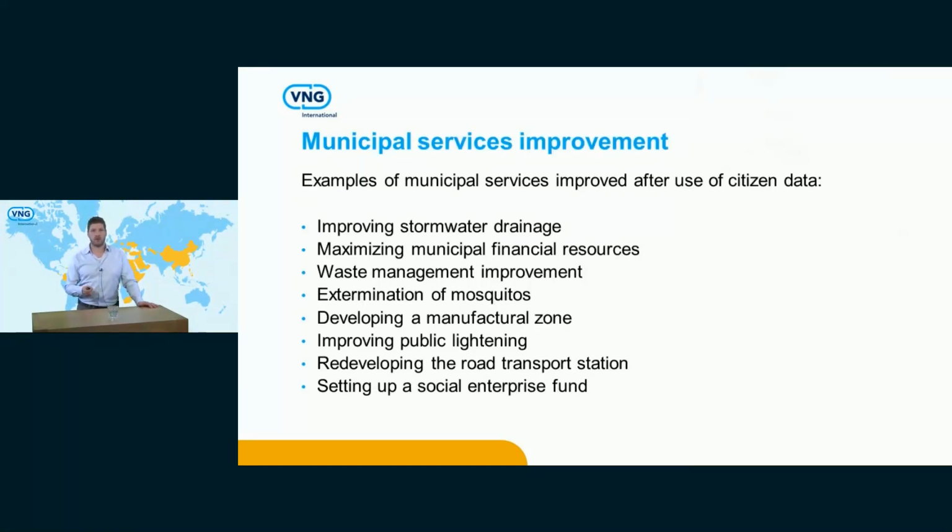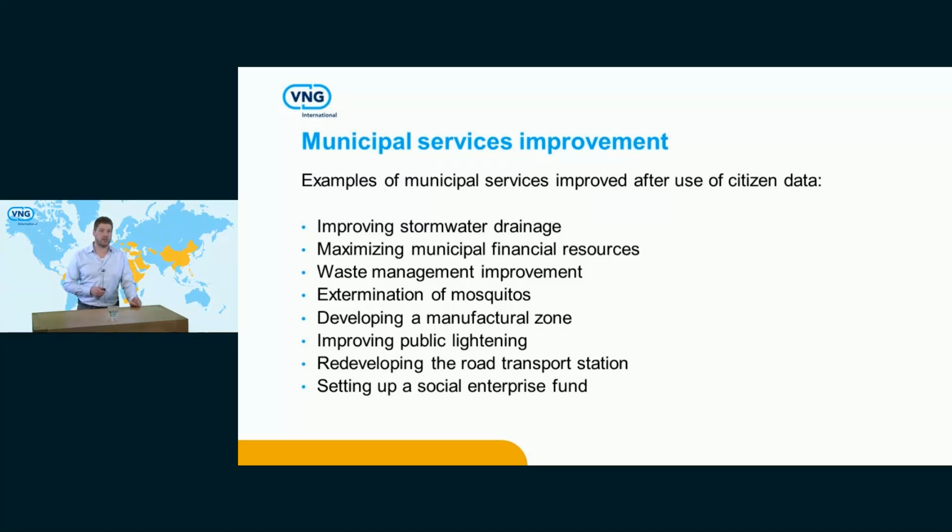Here we have some examples of municipal services improvements. So these are examples of how the municipality themselves did improvements after we did data collection with citizens. So we have the improving of the stormwater drainage. If the data collection leads to the situation that we say the stormwater drainage needs improvement, it's an issue to us, then there's of course a task that is with the municipality, and they can execute a project on that.